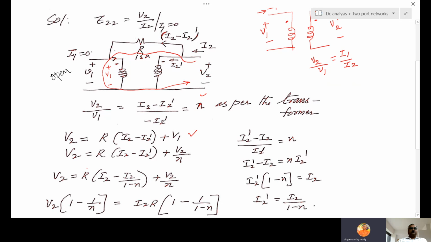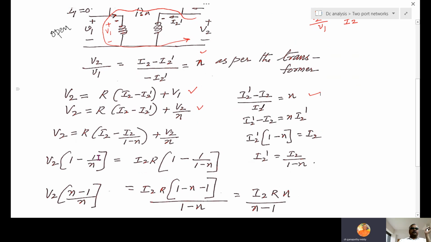This is the second equation. Now R into I2 minus I2 prime plus V1, and V1 is V2 by N, since V2 by V1 equals N. So this is replaced with this. Then another formula, I2 prime minus I2 by I2 prime is equal to N. Here I2 minus I2 prime by whatever way, both are same only.